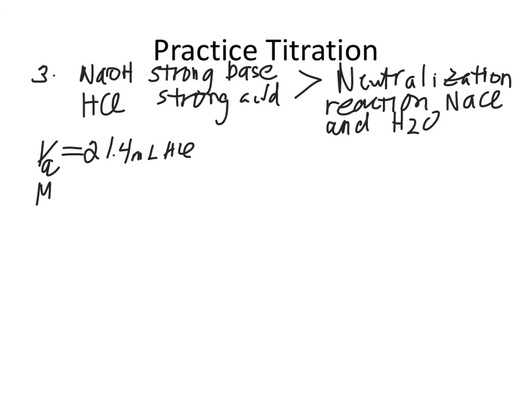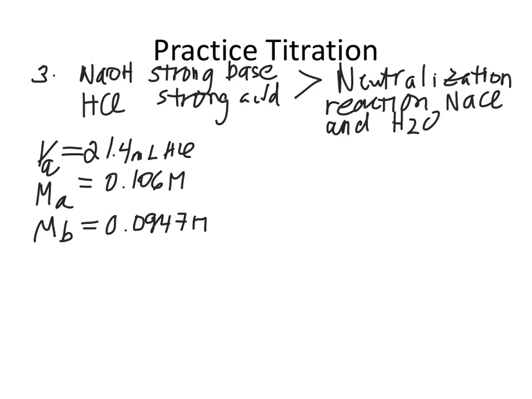The concentration of the acid is given at 0.106 molar. The concentration of the base used is 0.0947 molar, and the volume of the base is what we're looking for.